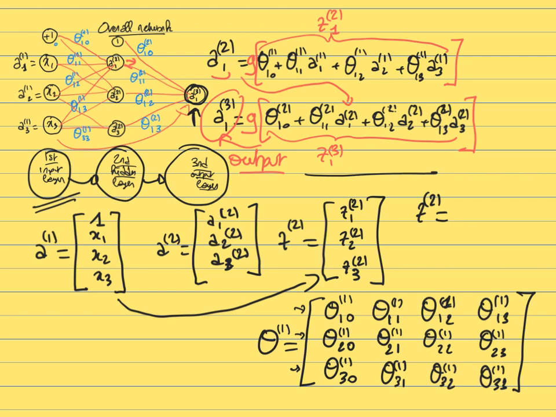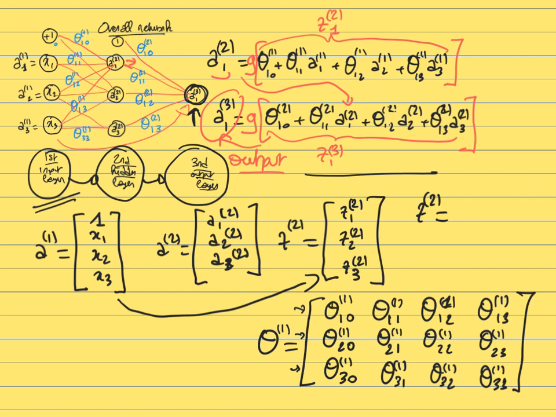What you will do here is multiply the matrix theta by the values of the neurons in the previous layer. In this case, you can do this multiplication because this one has four columns and this one has 4 lines. So you will take this times 1 plus this times x1 plus this times x2 plus this times x3, which is going to be exactly the same as this relationship here.